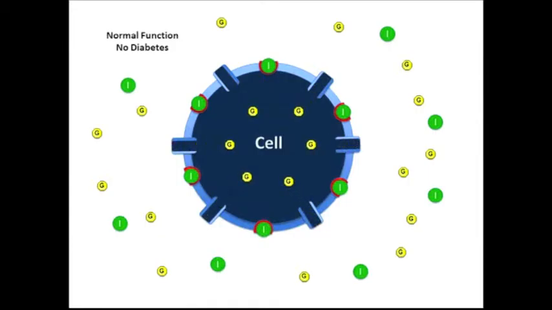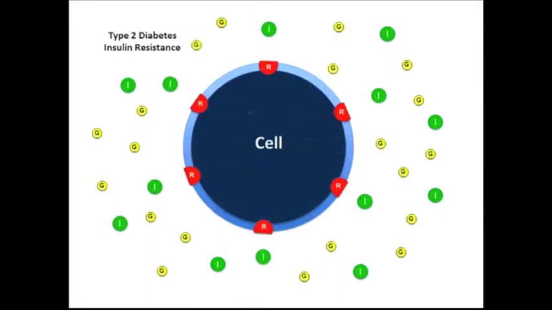So if you have adequate amounts of insulin, in this case you see lots of little green circles denoting all this insulin that this person has, and if the cells are working properly in that the insulin and the receptors are getting together well and doing what they need to do in order to allow the glucose to get in, that's kind of a perfect picture in terms of metabolism.